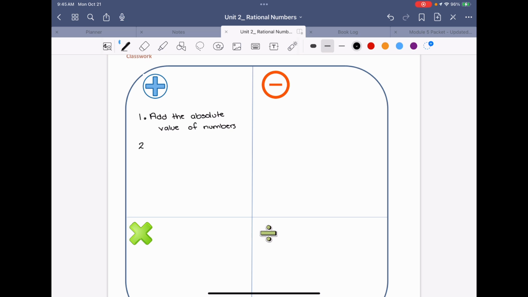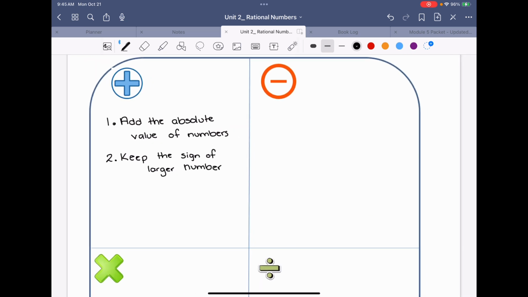Once we add the absolute values, we're going to keep the sign of the larger number. And this is only if they have the same sign.